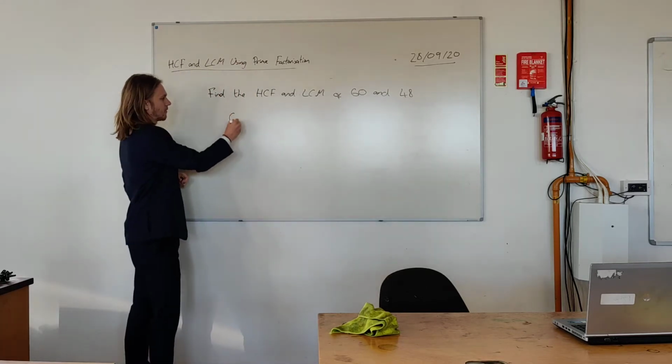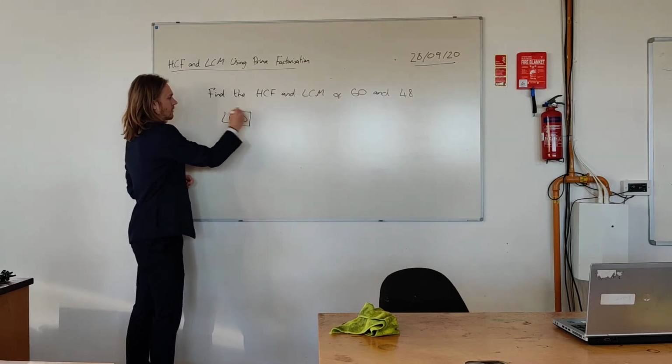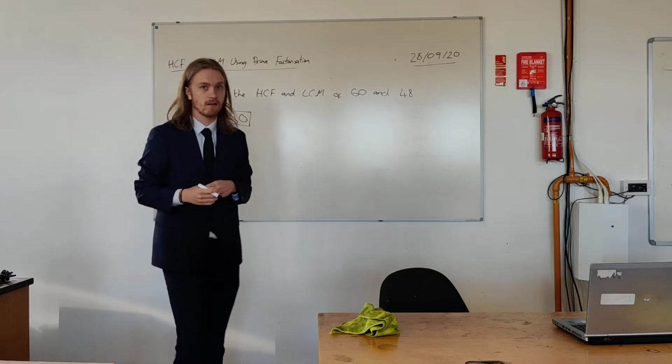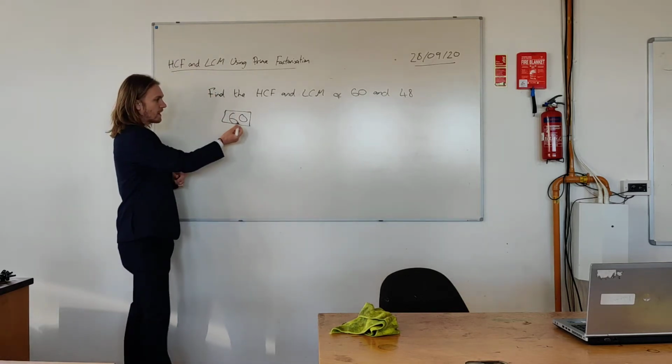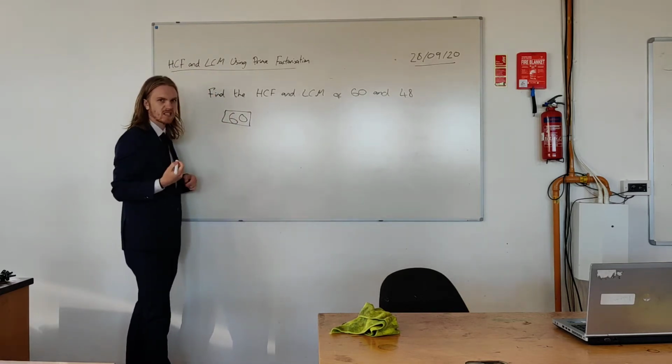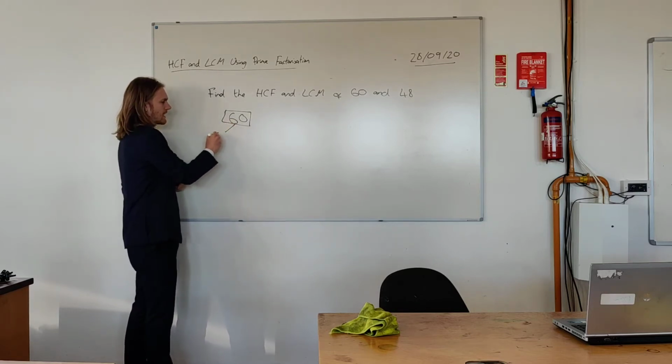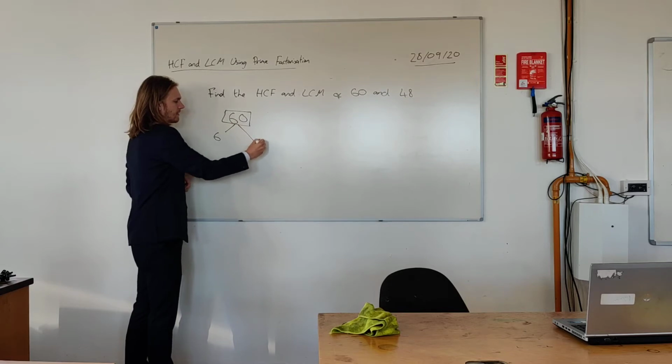So the prime factor decomposition of 60, you might want to pause the video and have a go yourself now, or I'm going to do it now. When it's got a 0 on the end, I always like to start with 10. If I can do 10, I think that's a good one to start with. So I'm going to start with 6 and 10.